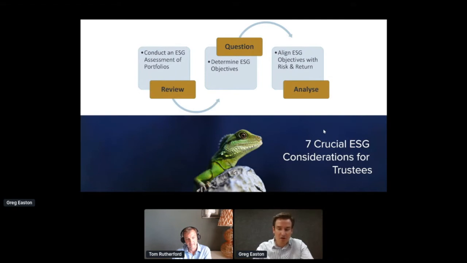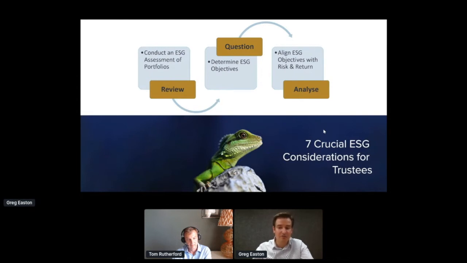If you're starting out and looking at it from a fiduciary perspective, and you have a family or a client that has shown an interest in either ESG in general or biodiversity specifically, what steps do you need to go through? During the webinar, we'll look at an initial step of reviewing existing portfolios, conducting quantitative and qualitative analysis, and ESG ratings.